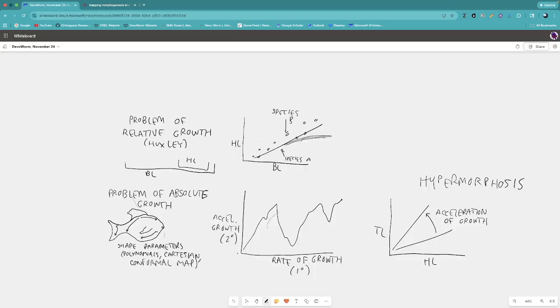Now this is a graph stating D'Arcy Thompson's vision of absolute growth, where we have the rate of growth versus acceleration of growth. And of course, this is the first order versus the second order.